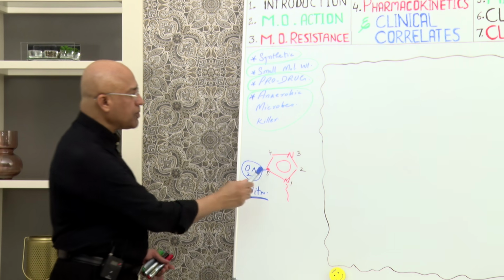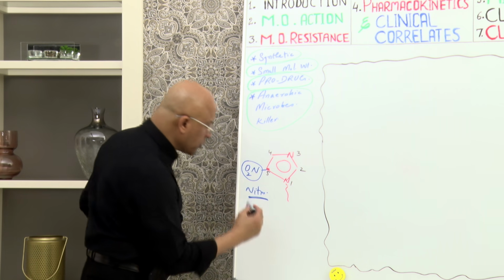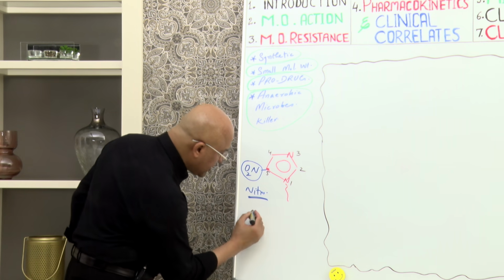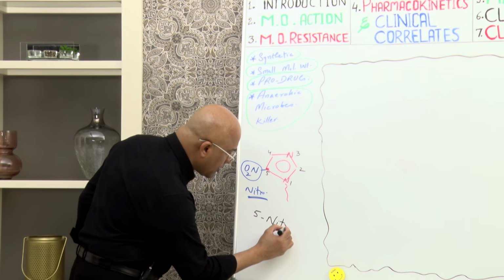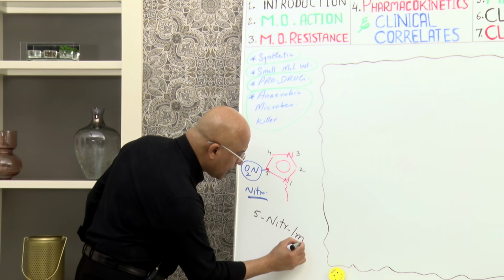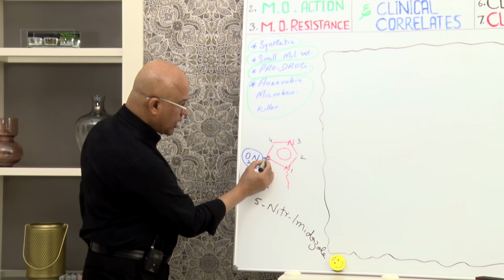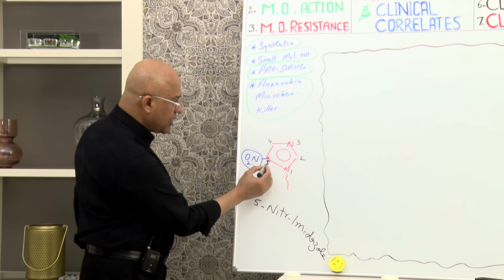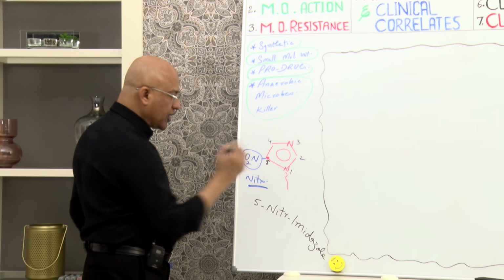So because at carbon number 5 it has a nitro group, this compound chemically is called 5-nitroimidazole. Carbon number 5 in the imidazole ring having a nitro group here, 5-nitroimidazole, right?